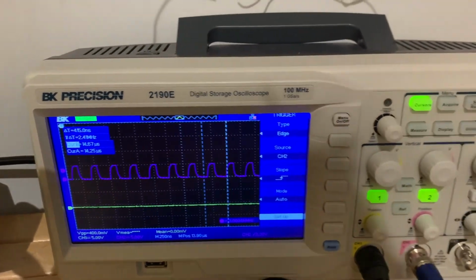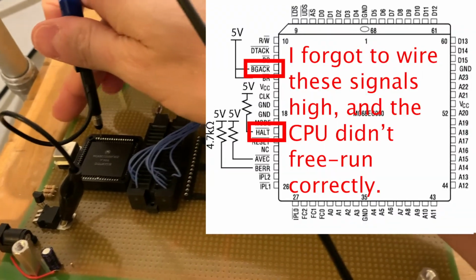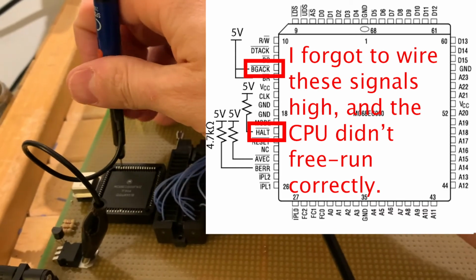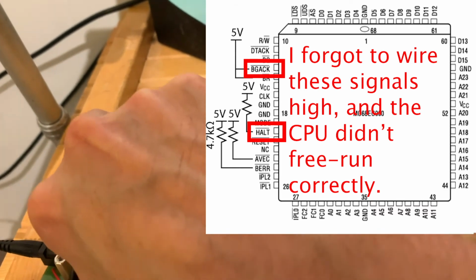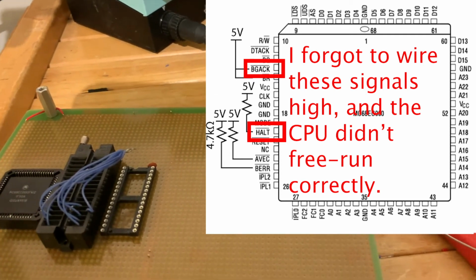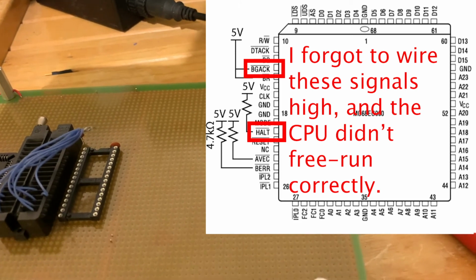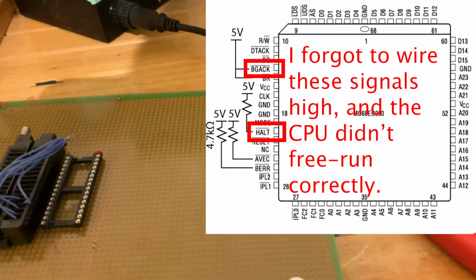What was happening before when I was doing this is I had wired up most of the bus signals on the chip. I think I wired up bus error, auto vector, and bus request.